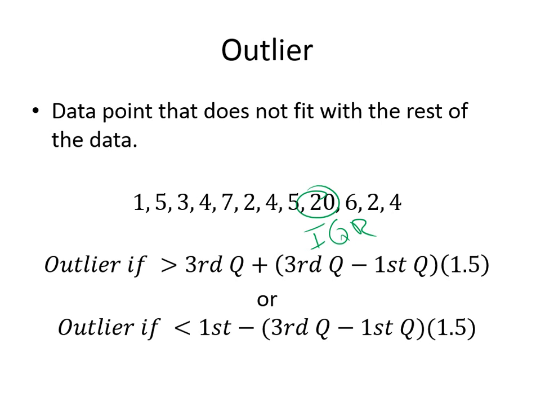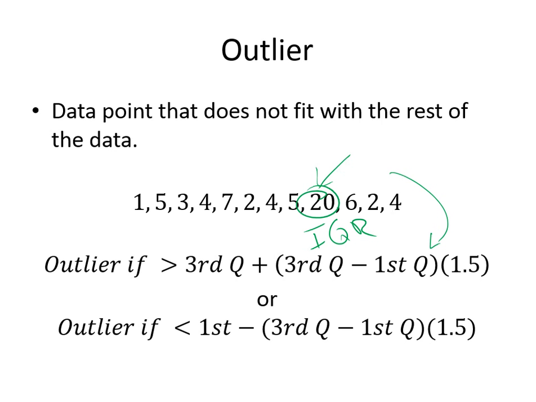Multiply that number by 1.5, and then add it to the third quartile. If the data point is larger than the number you solved there, it is an outlier.